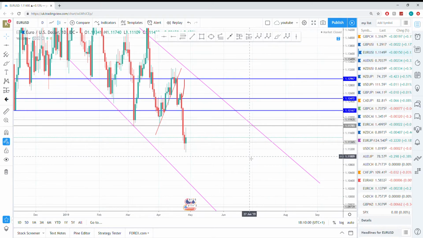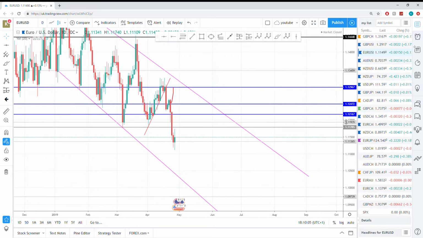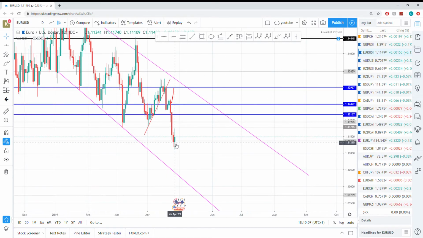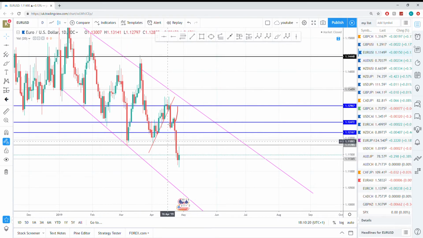We're looking at the famous Euro USD, a very popular pair I've noticed recently. Looking at the daily time frame, we can see that we have broken the upwards momentum, so we're now currently in a downtrend. We already are in a downtrend overall, but we can get sub channels where it looks like we are channeling upwards.